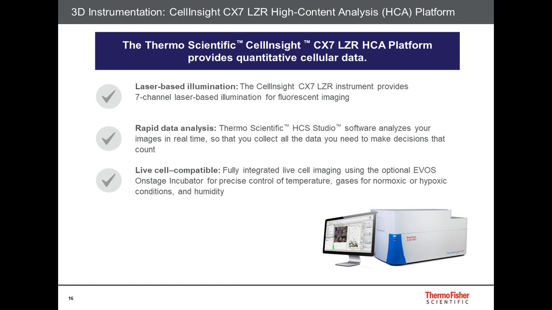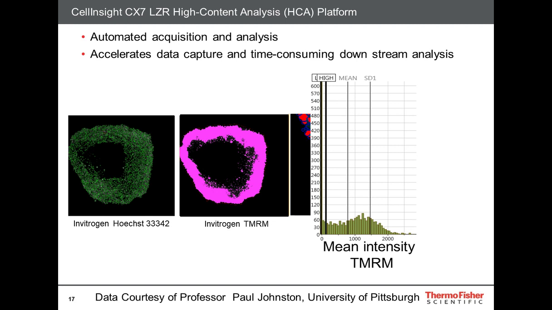Now with high content analysis, we have a slightly more sophisticated software which provides an automated acquisition and analysis that helps us improve and speed up our data capture and our downstream analysis. So essentially what we do is label our cells with something, in this case label our entire spheroid with a dye like Hoechst 33342. This will provide a landmark on each individual cell so that we can distinguish and put a software-based mask on each individual cell.